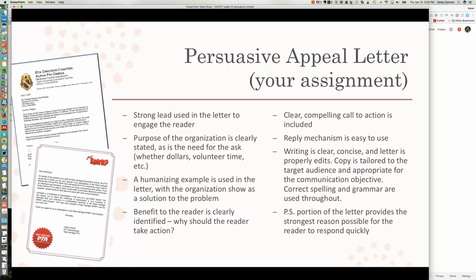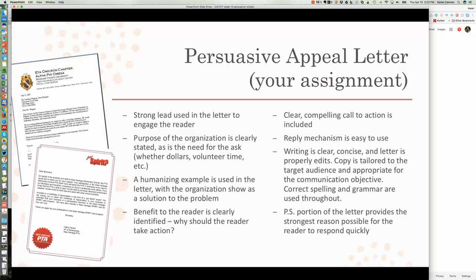There are a couple of examples, I think, in your book that might be helpful to you. If I can find a couple of good examples before the end of the day today, I will add those to our links and everything on our modules page on Canvas. But you can see here you need to make sure that you have a benefit to the reader. Why should they participate?